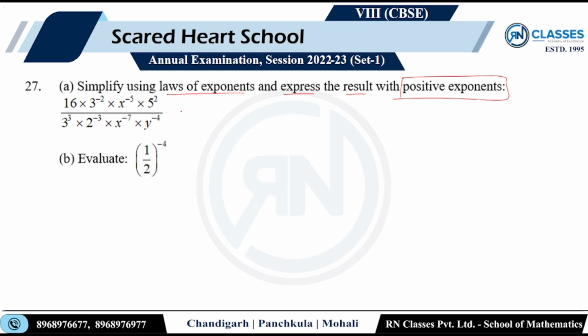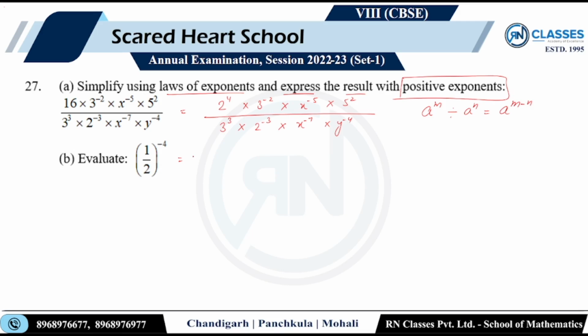Done? 16, it can be written as 2 raised power 4 into 3 raised power minus 2 into x raised to the power minus 5 into 5 raised to the power 2 divided by 3 raised to the power 3 into 2 raised to the power minus 3 into x raised to the power minus 7 into y raised to the power minus 4. Right? Now, I'm going to use a raised to the power m divided by a raised to the power n, which is equal to a raised to the power m minus n.